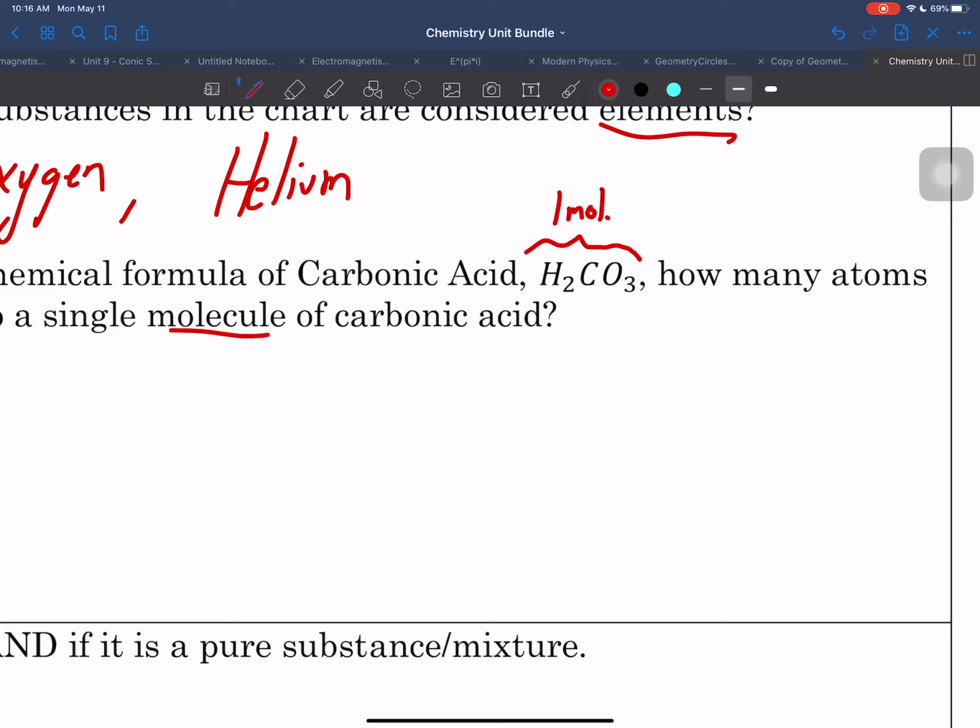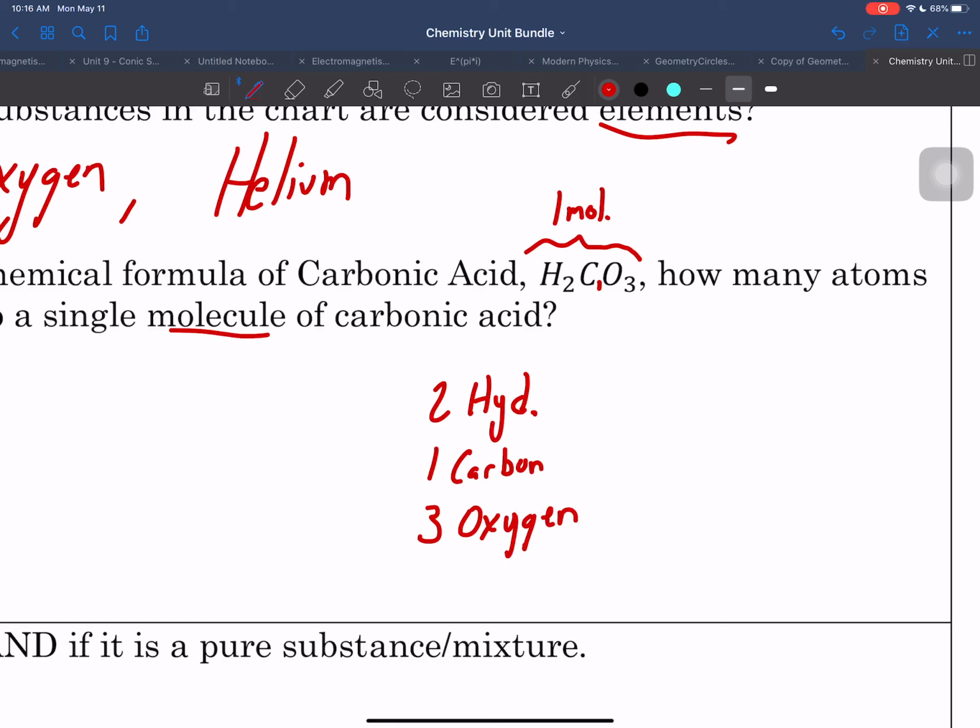But each of the capital letters represents different atoms. The 2 after the H says it's 2 hydrogen. There's no number after the capital letter C for carbon. So if there's no number there, we assume it's 1, just like you would in math class. So that means there's 1 carbon atom. And then there are 3 oxygen atoms.